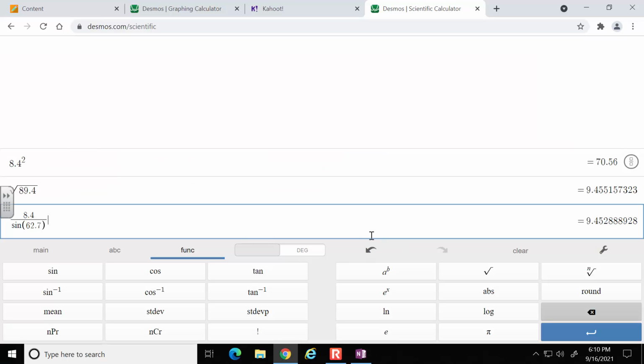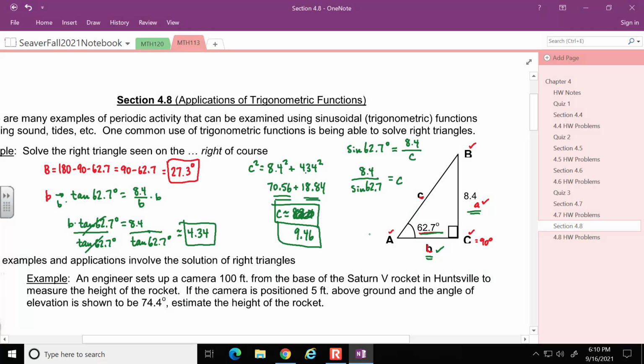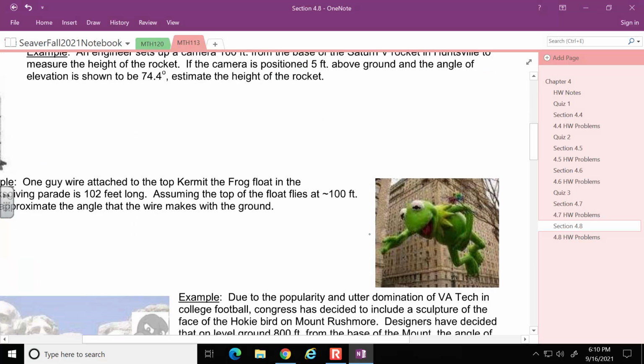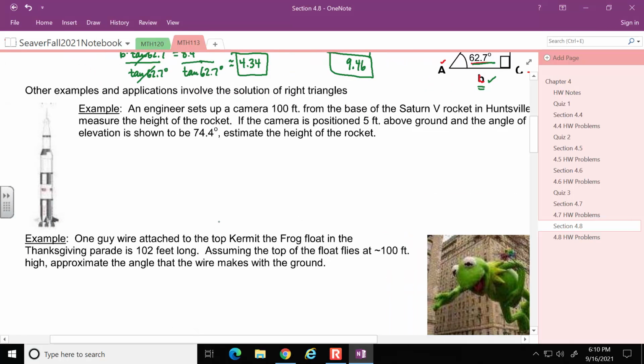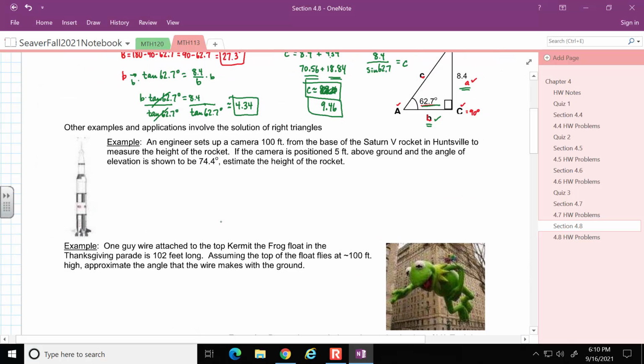So it's just solving triangles, so you're using those trig relationships, you're using Pythagorean theorem, things like that. So now let's look at one. We've kind of seen one similar to this. It says an engineer sets up a camera 100 feet from the base of the Saturn V rocket in Huntsville to measure the height of the rocket, if the camera is positioned 5 feet above the ground, etc., etc. So we've kind of seen one similar to this, I think.